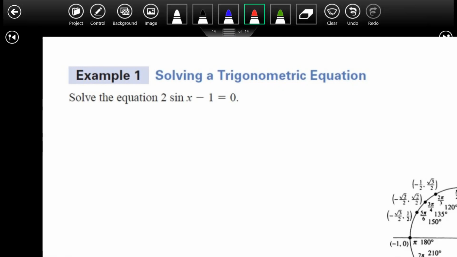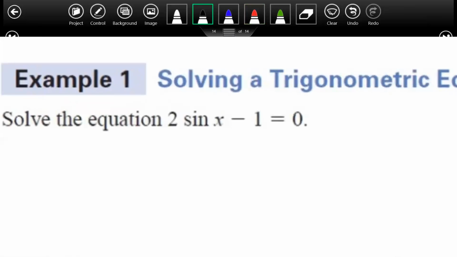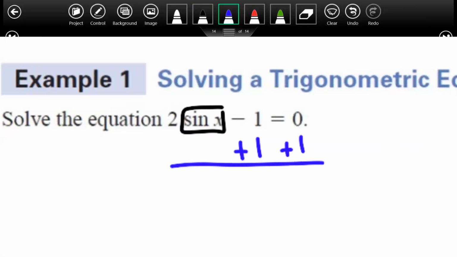Okay, here we go. What's my first step here? How about this? What does number 1 tell us to do to solve? Isolate the trig function. What is my trig function for our example here? Sine of x. So let's get sine of x by itself. What do you think the first step to doing this is? Add 1. So we're going to do that. And we're going to get this left side brought down.